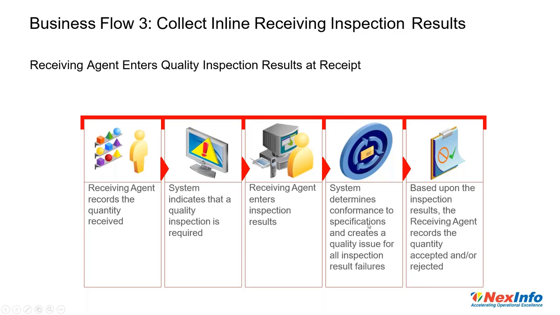The system would determine conformance to specifications and create a quality issue for the inspection result failures. So the system can automatically trigger a notification or create a quality issue, and it's all configurable. Based on the inspection results, the receiving agent could record the quantity as accepted and or rejected.